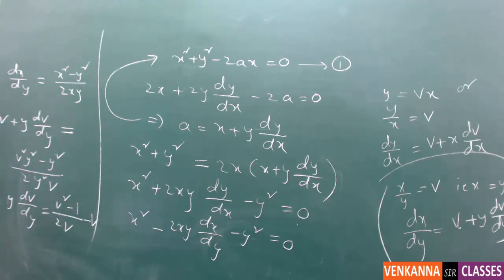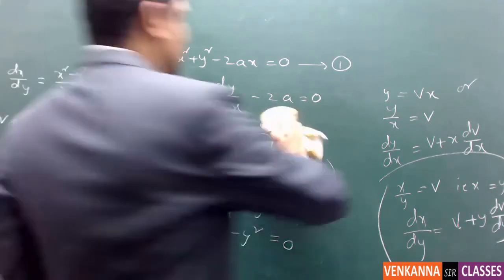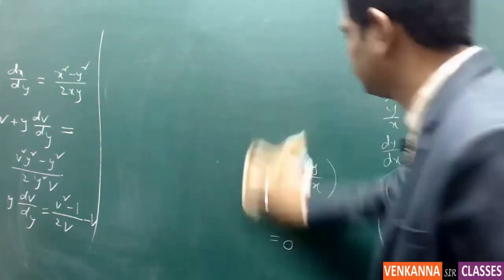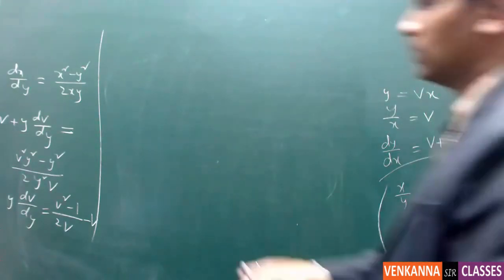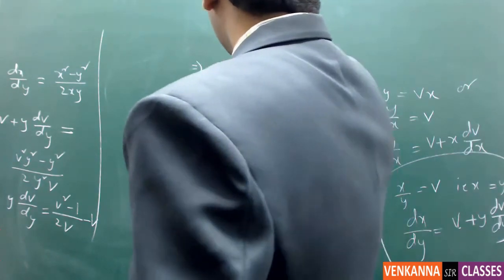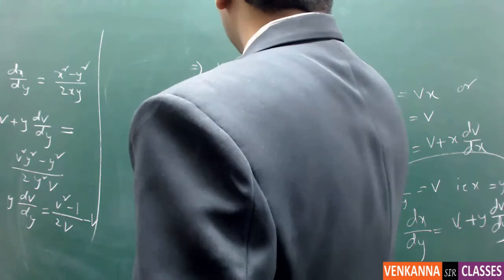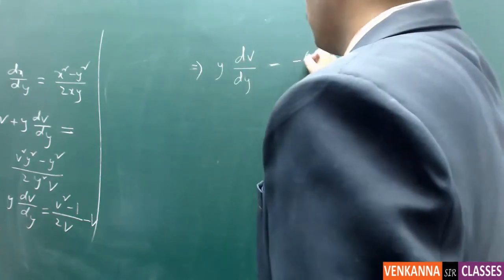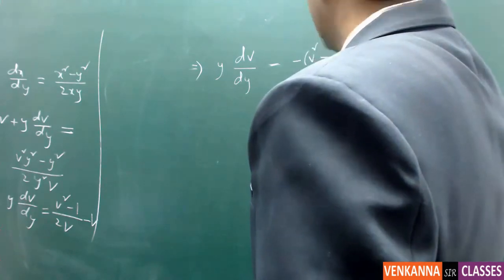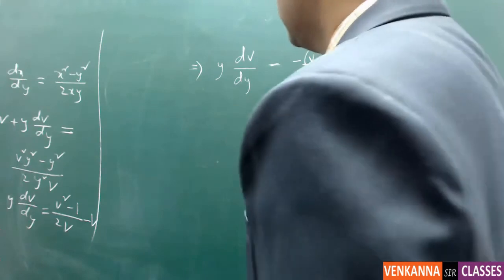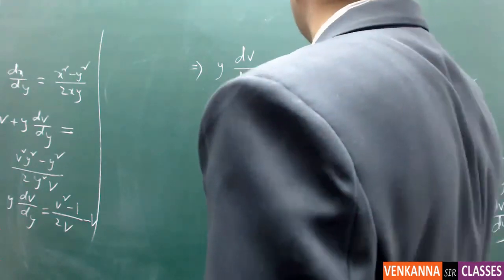Please check on simplification. And we have to make it variable separable, then you are going to get the solution. So here, this implies that y into dv by dy equals v square minus 2v square, so minus of v square plus 1 by 2v.